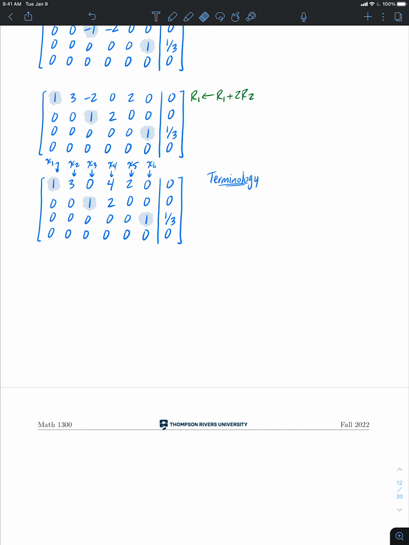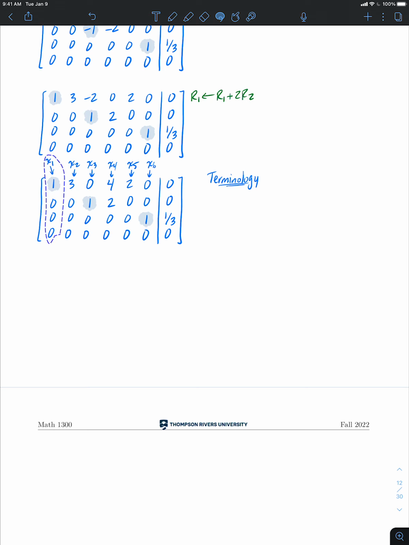These columns all correspond to variables. Take a look at which of those variables correspond to pivot columns. In other words, correspond to columns that actually have pivot positions in them.